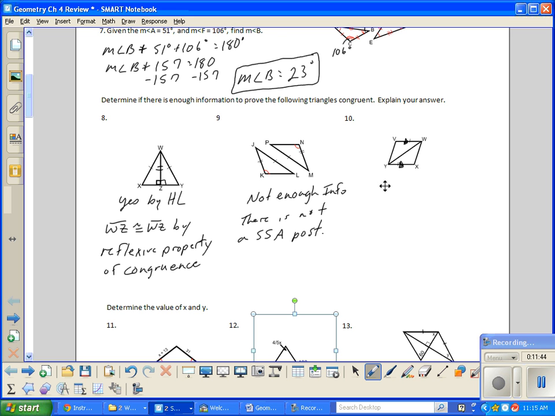That's all they gave us, but we know that WY is going to be congruent to itself. And then with those 2 sides being parallel, that makes YW a transversal. And so the alternate interior angles would be congruent, which then when we look at that, that gives us a yes by side angle side.